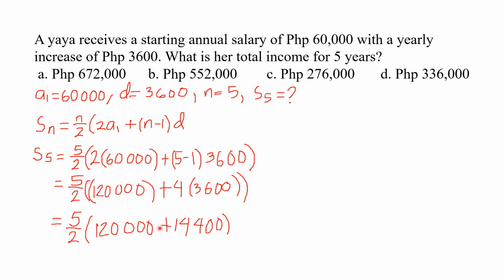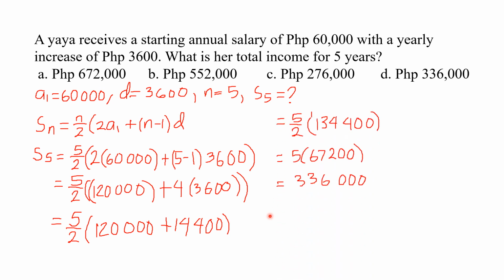Adding the two after multiplying 4 times 3,600, that is 14,400 plus 120,000, multiplied by 5 over 2, is equivalent to 134,400 multiplied by 5 over 2. Dividing 134,400 by 2, that is 67,200 times 5. So the correct answer is 336,000, and that is, of course, letter D.